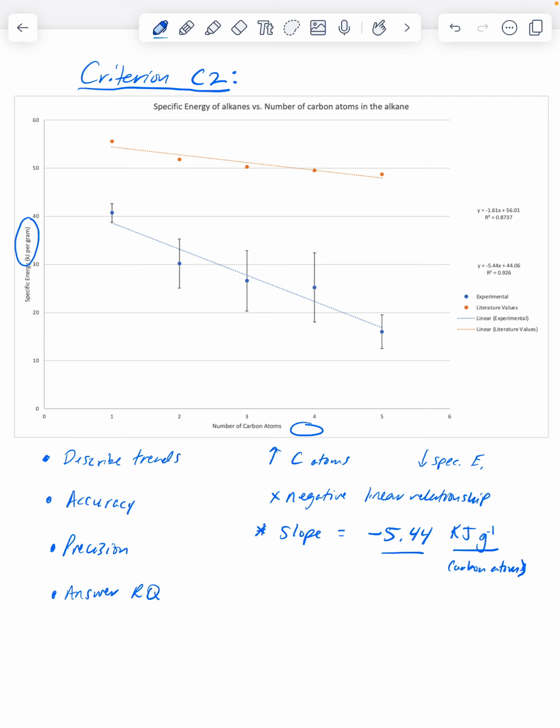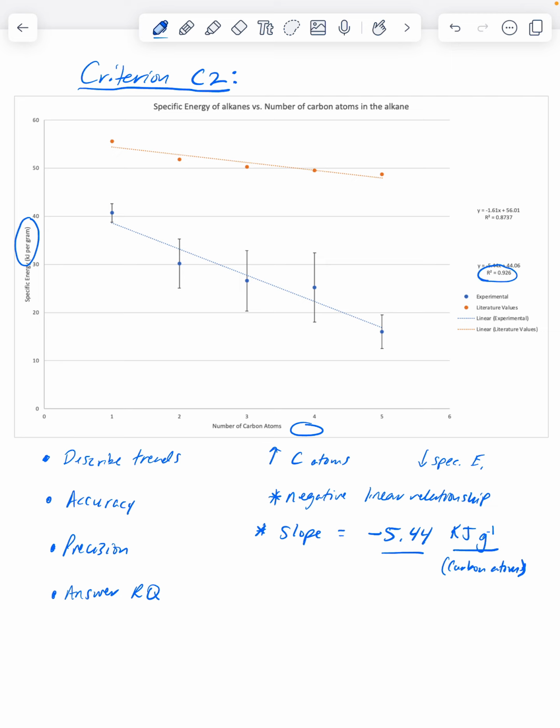Based on our data, we can actually suggest a quantitative relationship: for every additional carbon atom on an alkane, you will lose around 5.44 kilojoules per gram of specific energy value for that alkane. Excellent.